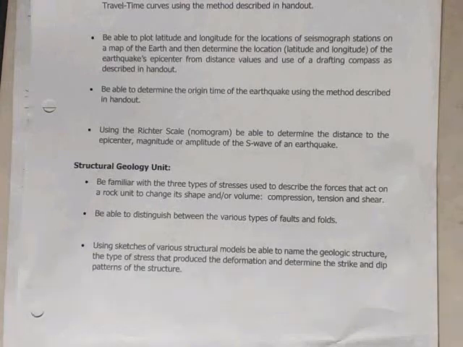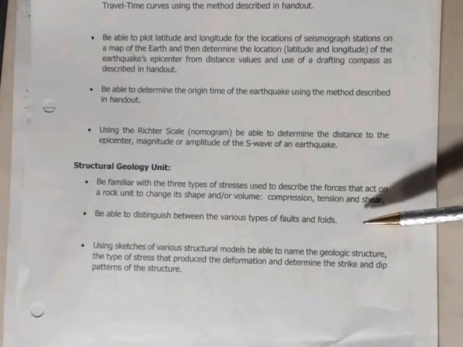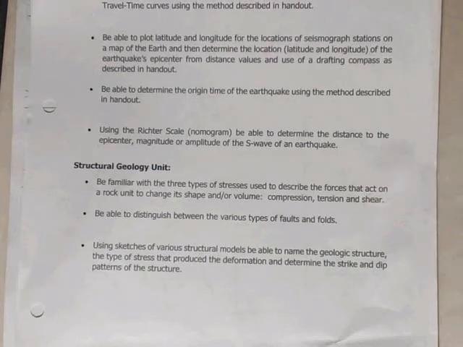And then the second bullet, make sure that you can distinguish between the various types of faults and folds. And again, these might be little images straight out from your handout, that I'm putting a picture and I'm asking you, what is the structure? Is it a fault? And if it's a fault, what kind?